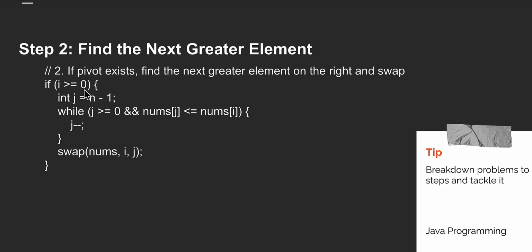So if i is greater than or equal to 0 and j is equal to n minus 1, say 3 elements are there, 3 minus 1 is 2, so it will be pointing to 2, and while j is greater than or equal to 0, again because I'm decrementing it in the while loop, nums of j should be less than or equal to nums of i. If this condition is true, then I decrement it, and finally swap the i and jth element.